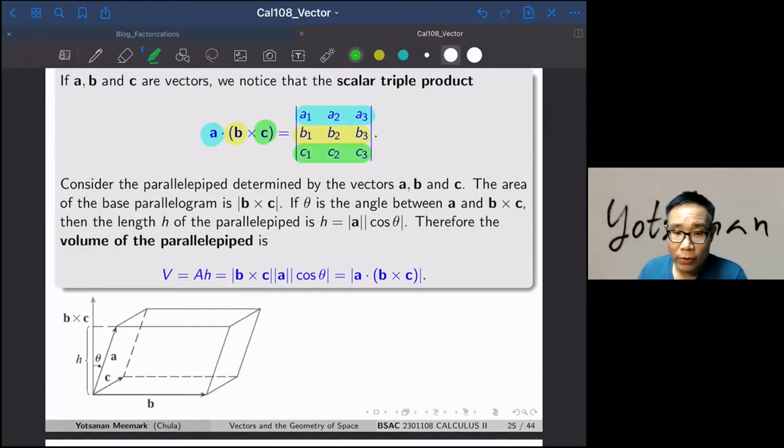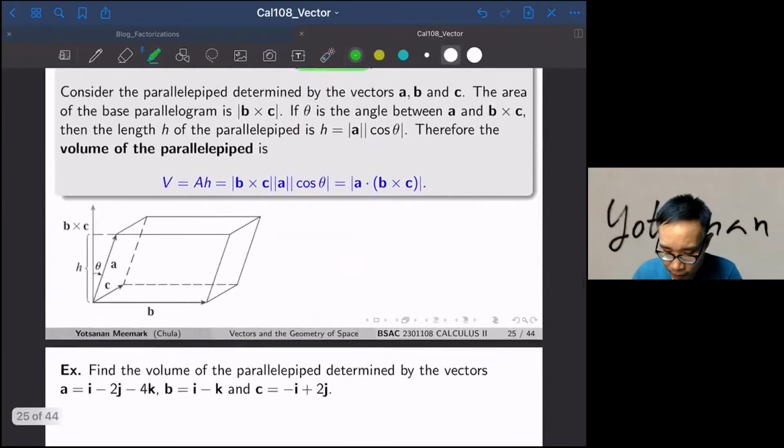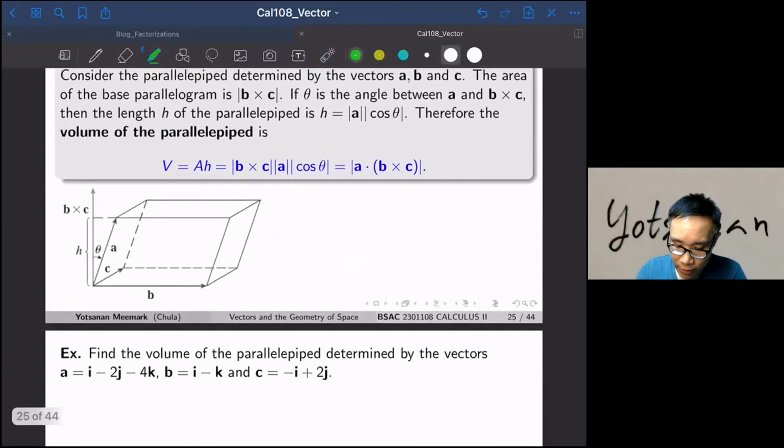Okay, so that is called the scalar triple product. The important thing about it is that it is used to find the volume of the parallelepiped. You see the parallelepiped with vector A, vector B, and vector C like this. If you'd like to find its volume, you have the base.